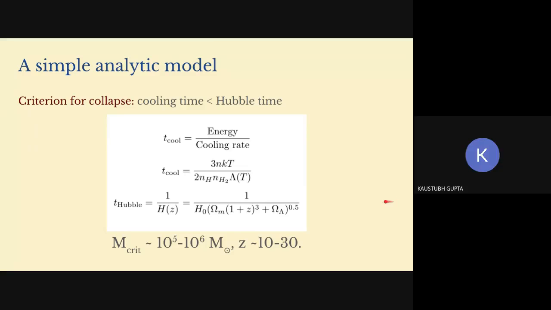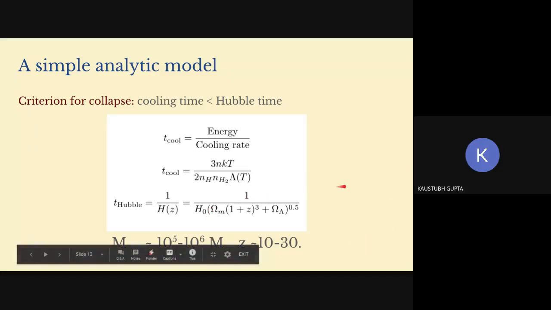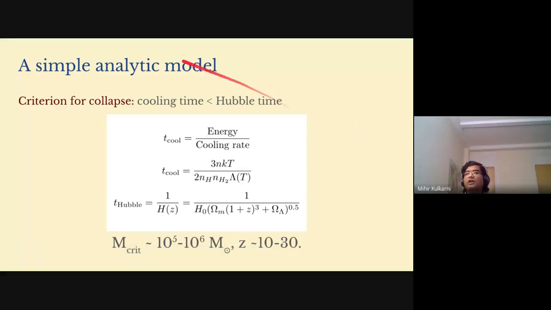So there's an additional mass criterion also. This is assuming a very simple prescription. For example, today we also have ionizing radiation from other stars or nearby galaxies, which is not considered here, which would be heating the gas. So this is a very simple analytic model where you don't have any ionizing radiation or any other source of heating.